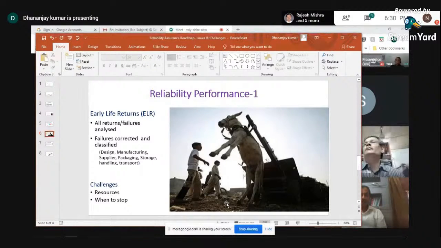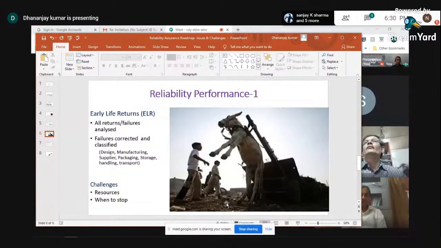So what we normally do is, when you start the operations of the product, you keep a core team dedicated to this product for a certain period of time.